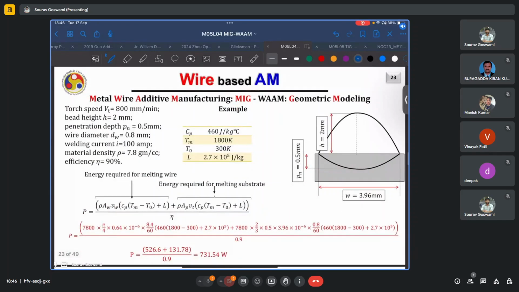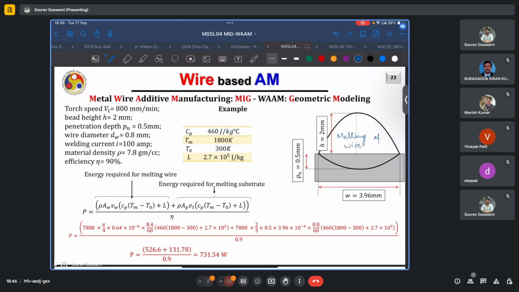Now, once all of these geometric parameters are known, we are required to find the energy required for this, or the minimum energy required for this process. And so, if we look into it, this process actually involves two transactions of energy. The first transaction being melting of the wire, which leads to deposition of this bead.